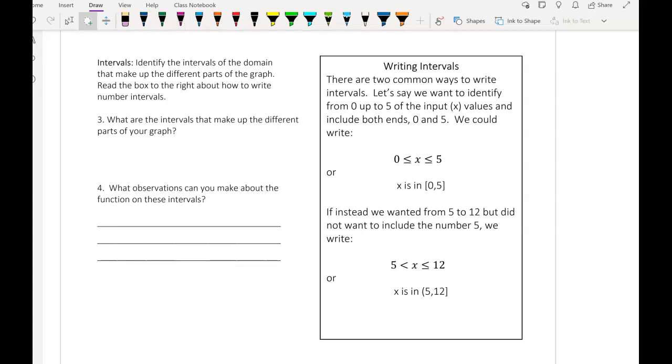So this is what we call inequality notation. Or x is in, and you notice I use bracket 0, comma, 5 bracket. This is called interval notation.